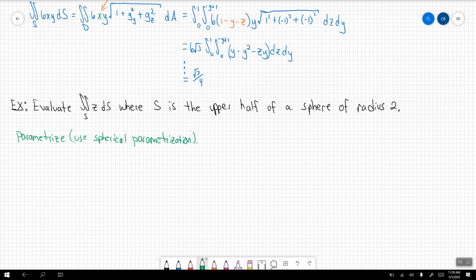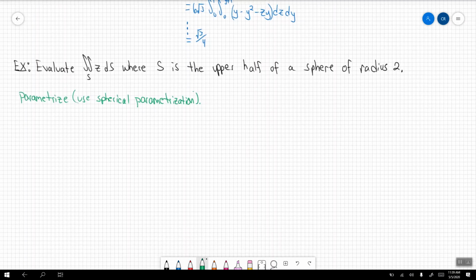Now, again, please be careful with this. Because we're using a spherical parametrization doesn't mean that we're using spherical coordinates. A spherical parametrization just means that we're going to get a representation for the surface in terms of what we know to be spherical coordinates. But again, we are not doing a triple integral within those spherical coordinates. We're just using the parametrization to help us find what needs to be those values.